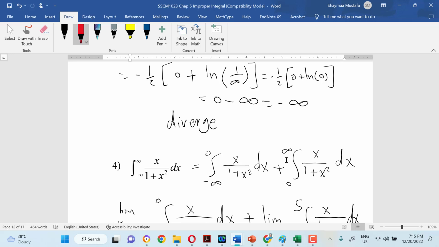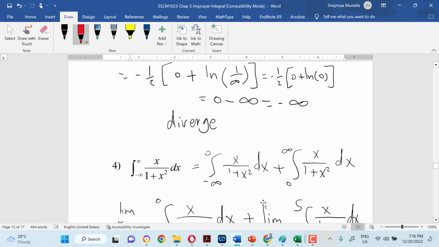Here you can choose any number, not necessarily 0, but the easiest one is 0. So usually we use 0. But you can choose from minus 1 to 1 or 2 or any number. But usually we separate at 0.